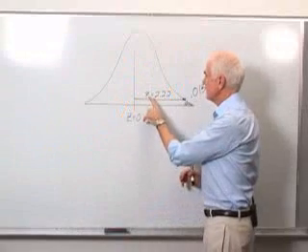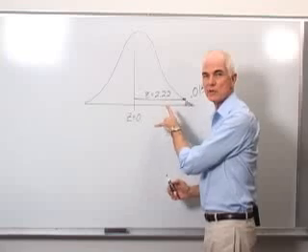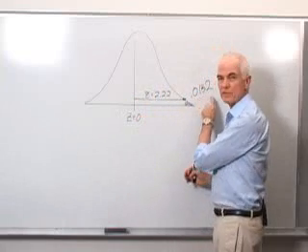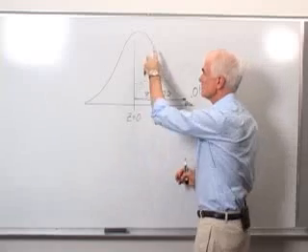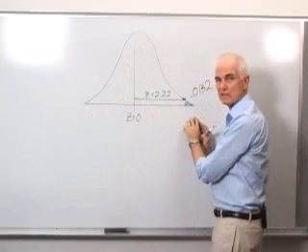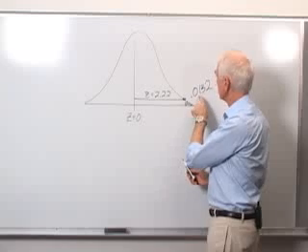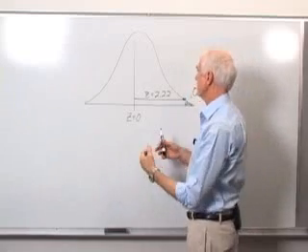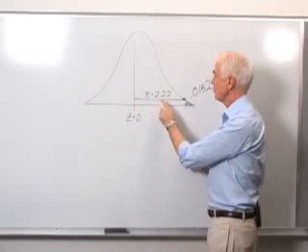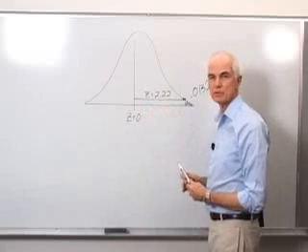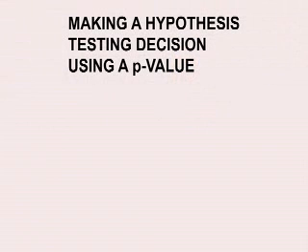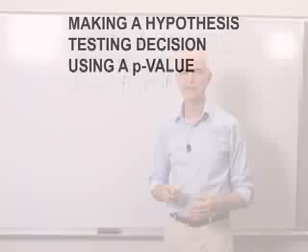It means that a z of 2.22 is so large that only 1.32% of the values would randomly occur past it. Or in other words, only 0.0132 of the time would you randomly have a z value greater than 2.22. So now let's talk about making a hypothesis testing decision using a p-value.